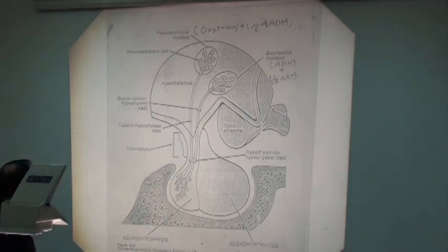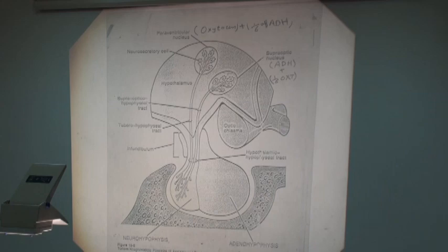Oxytocin functions in delivery and in the release of milk from the mammary glands, and in delivery, as we had as an example for positive feedback control. The function of ADH is on the kidney tubules and on the blood vessels.